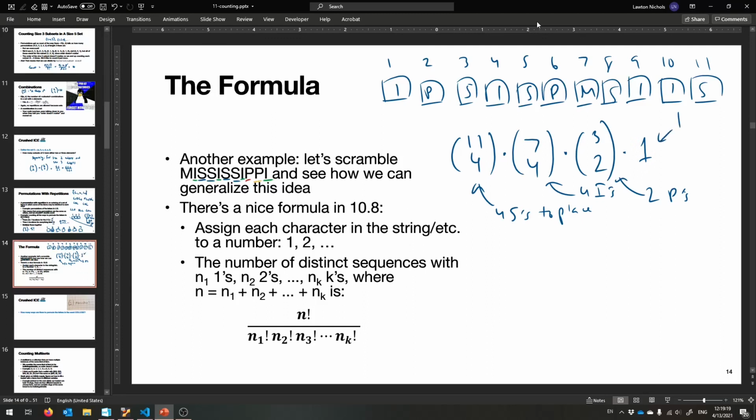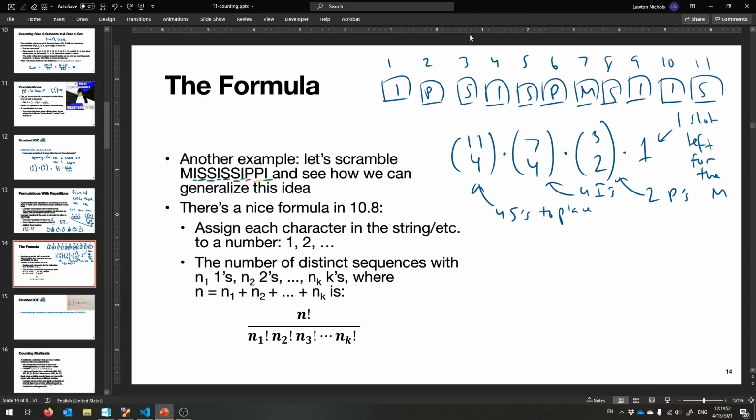And this actually leads to this nice formula, where, just as usual, we're assigning each character in the string to a number, and that is where we're eventually going to put it in its permuted form. The answer is going to look a bit like this, with a bunch of factorials on the bottom, and let me try and show you that.